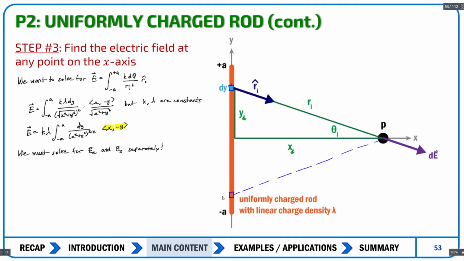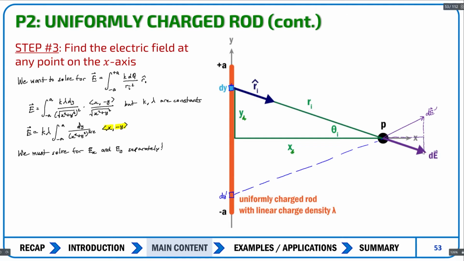So this would be, let's say, dy prime. So if I have this, that means that from this point in the bottom part of the rod, I'm going to have a differential electric field element going up this way. So this is dE prime.